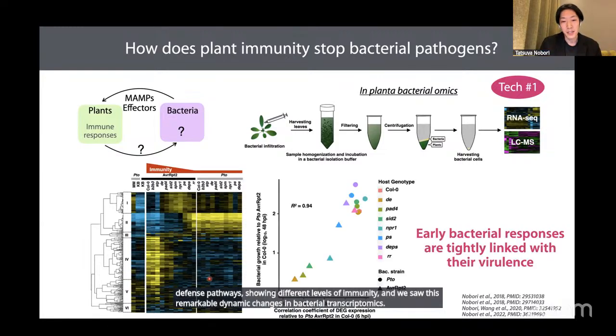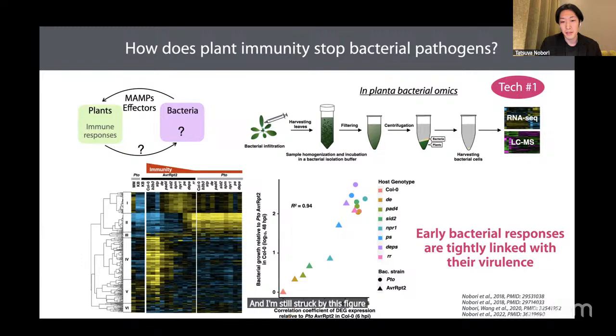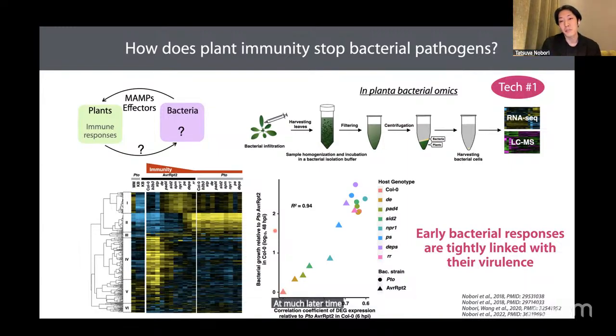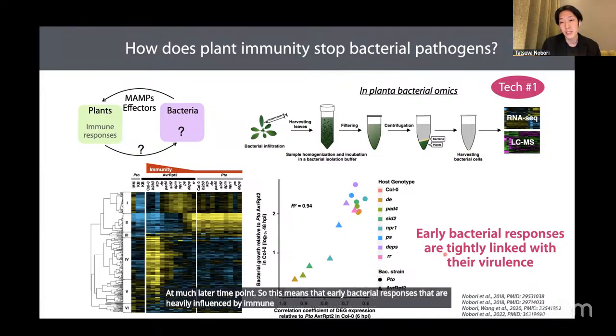And I'm still struck by this figure showing that bacterial transcriptome patterns at an early stage of infection in plants, this x-axis, correlated very strongly with bacterial growth at a much later time point. So this means that early bacterial responses that are heavily influenced by immune responses of plants are tightly linked with bacterial virulence.